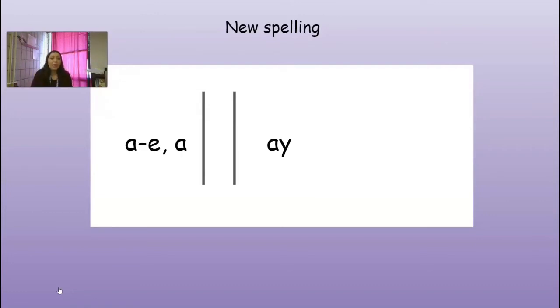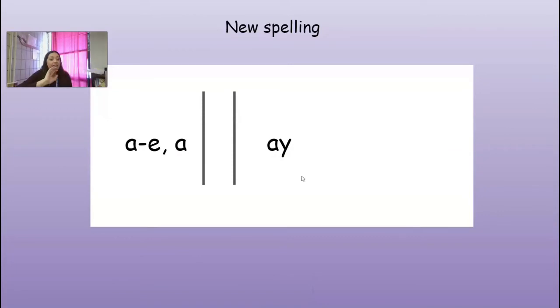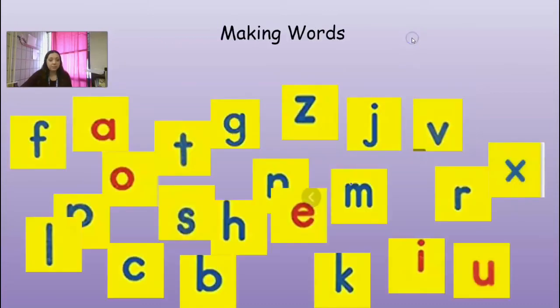All right, so now we have a new spelling for that A sound. So we have A consonant E, we have AI in the middle, but we also have final AY. So if you hear that A sound at the end of a word, you know you're going to use AY, which we're going to practice. All right, we're going to practice making some words with that AY.